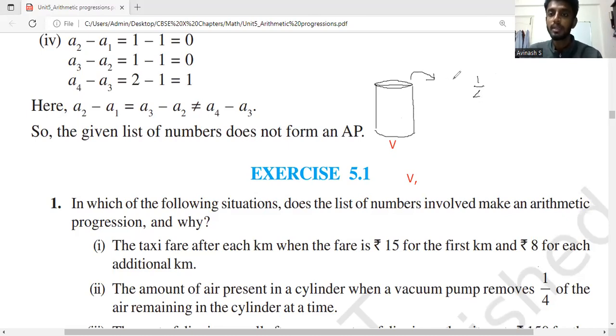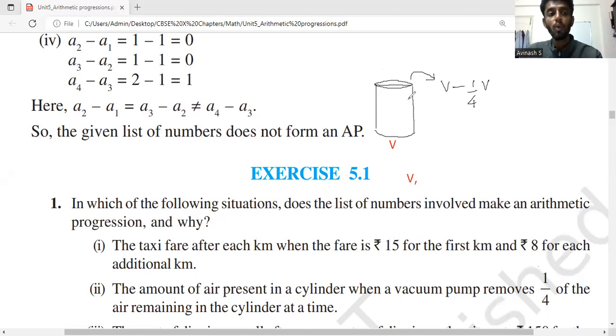This is very important. Whatever volume is already there, from that we are removing 1/4 of the volume. So this portion is taken out. Whatever is remaining, that is what we need to write as an AP. After removal, how much gas is there?